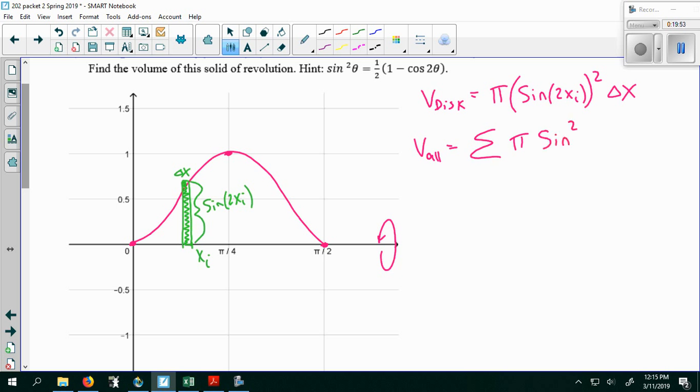And I'm going to rewrite this as sine squared, and i is going from 1 to n. And then the volume exact is just the limit as n goes to infinity of the sum of all the disks.